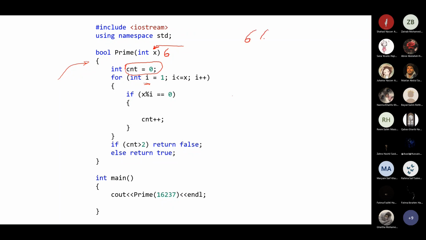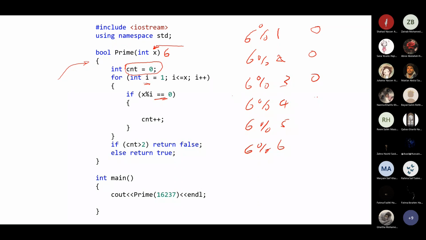Again, what I'll do: 6 mod 1, 6 mod 2, 6 mod 3, 6 mod 4, 6 mod 5, and 6 mod 6. Now, of course, let's see when it will be 0. 6 mod 1 is 0. 6 mod 2 is 0. 6 mod 3 is 0. 6 mod 4 is 2. 6 mod 5 is 1. 6 mod 6 is 0.